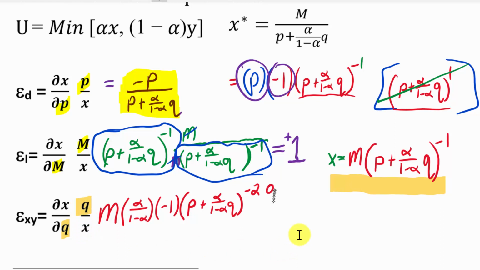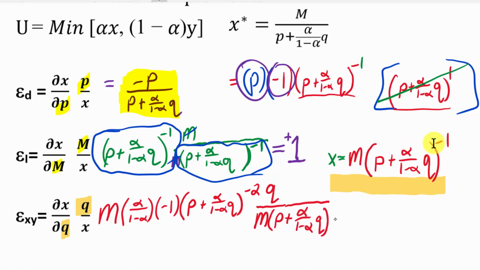So q over, and then let's go ahead and write our x here: m times alpha over 1 minus alpha, q to the minus 1. All right, can you start to see anything that is going to cancel yet? Those m's are going to cancel. Then here we have this expression to the minus 1 power in the denominator, which as before means we can put that to the plus 1 in the numerator, which is going to cancel, and this exponent is going to turn into a minus 1 when we add those exponents.